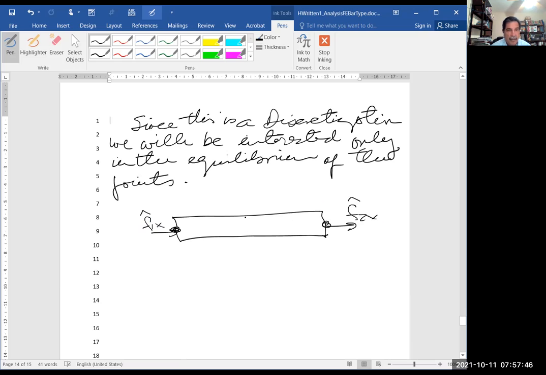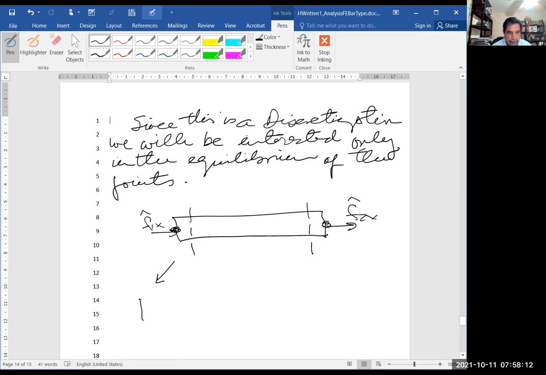In between, I don't care. And what we are going to do is make a cut about here, very close to this joint, and another cut here, very close to this joint, and we're going to try to establish equilibrium around here and around here. Okay, so let's do it.